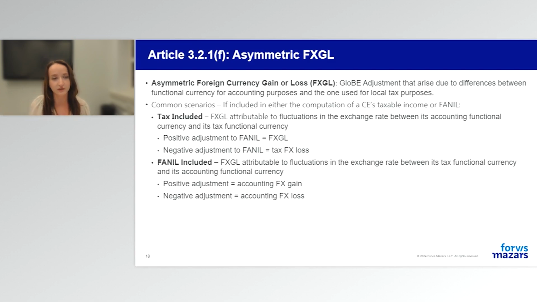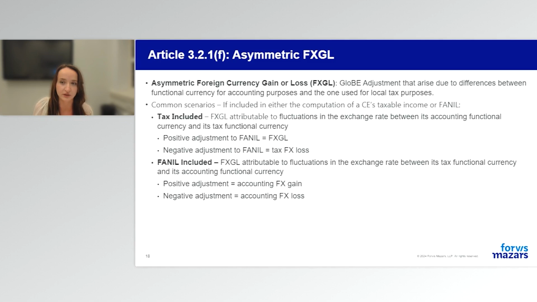The first one is that FX gains and losses reflected in the taxable profit of a constituent entity should be adjusted. These are FX results related to the fluctuations in exchange rates between the accounting and tax currencies. And the reverse situation is also possible.